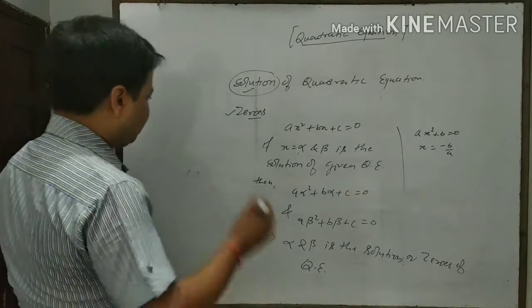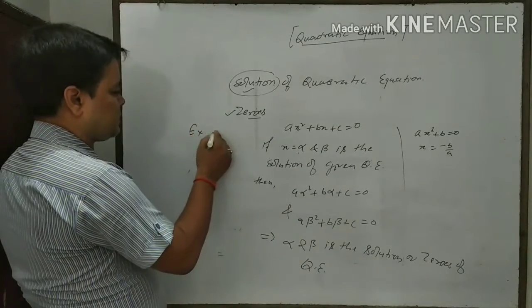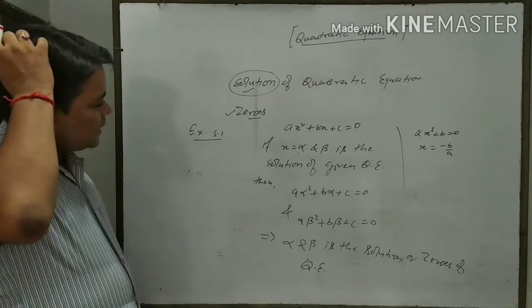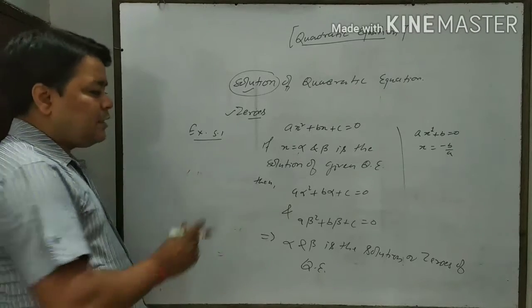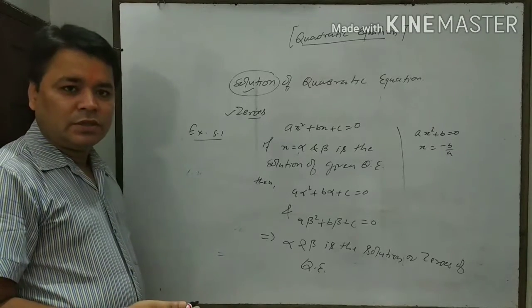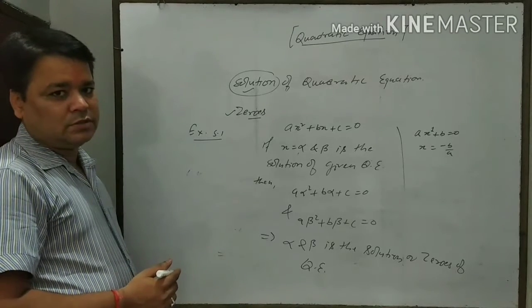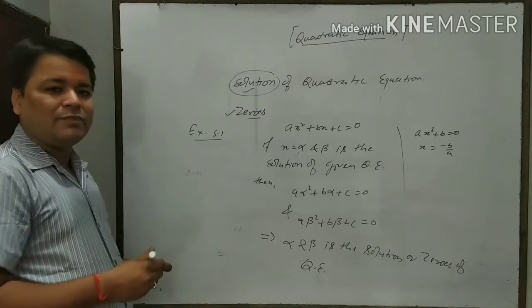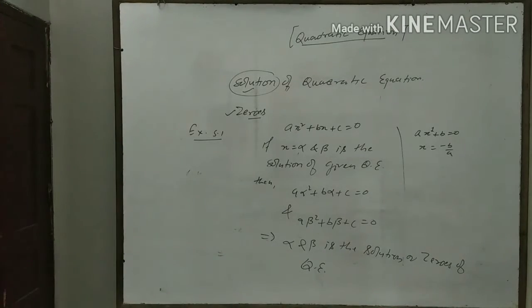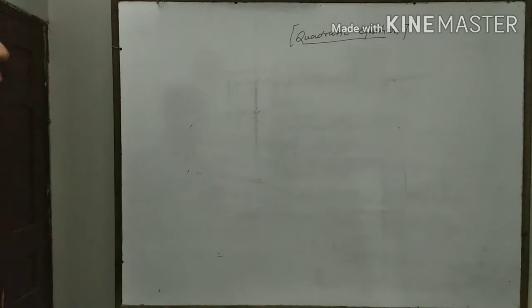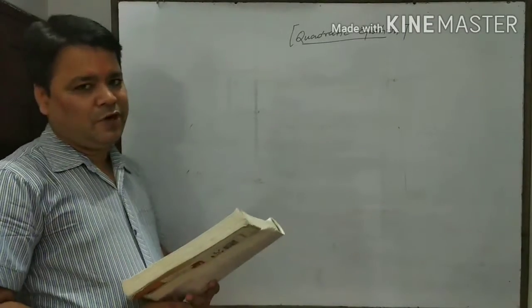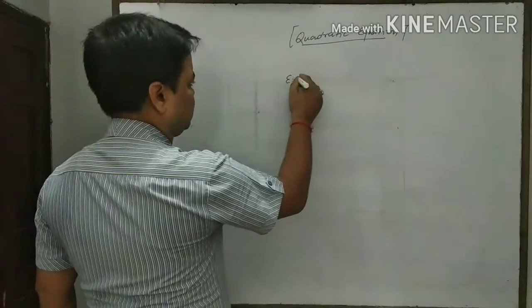Here in the first exercise 5.1 of quadratic equation, it was mentioned to check whether the given equation is a quadratic equation or not. So let us see some questions from exercise 5.1.